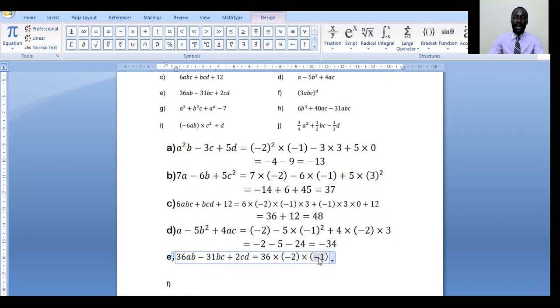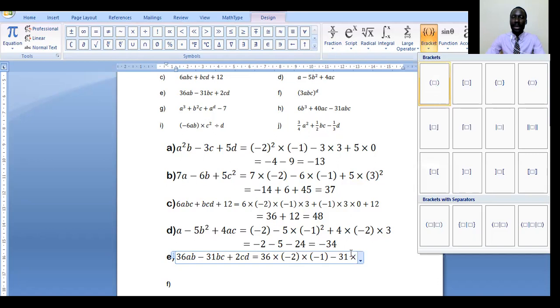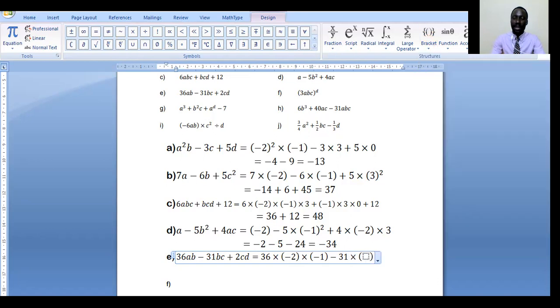Yes. Then now we have minus 31 BC. Already we have seen that B is minus 1 or negative 1. So we would like to put it right there. Times B, which is what? Negative 1. Then times C, which is 3. Then from that we have plus 2CD.